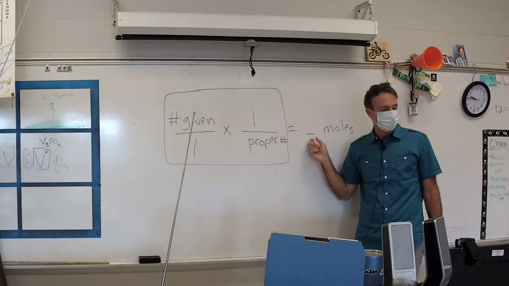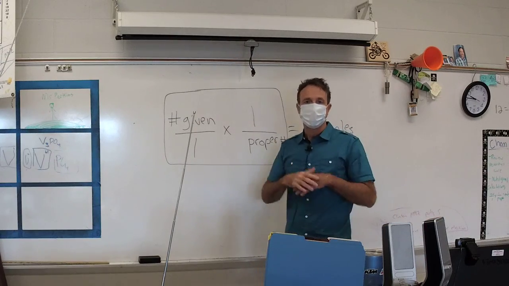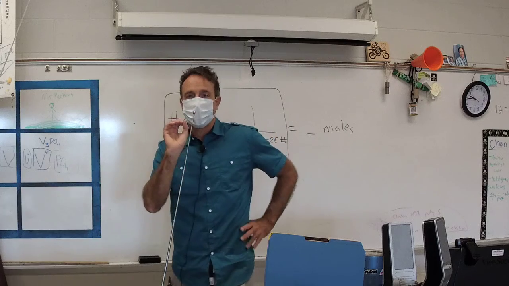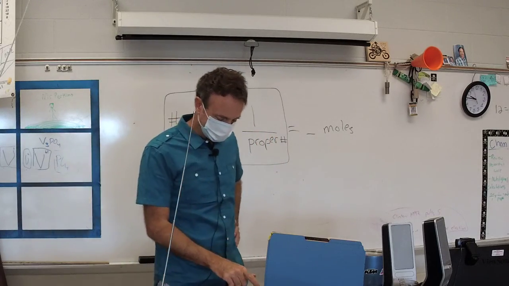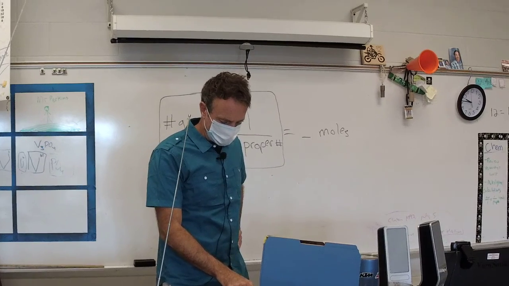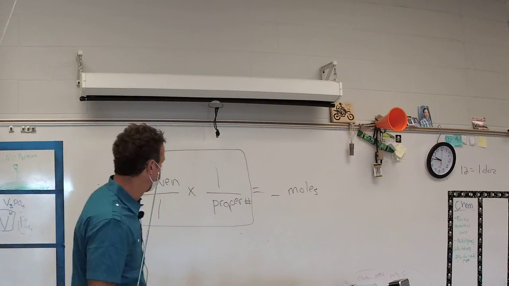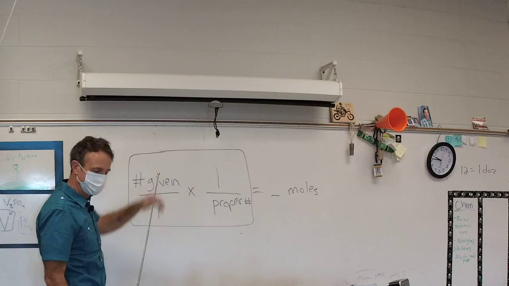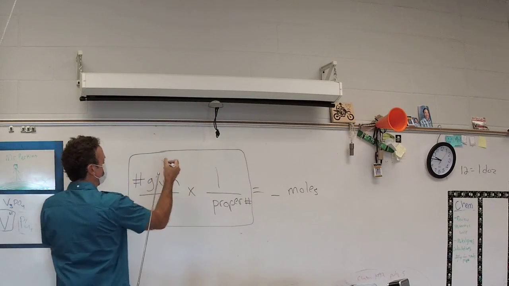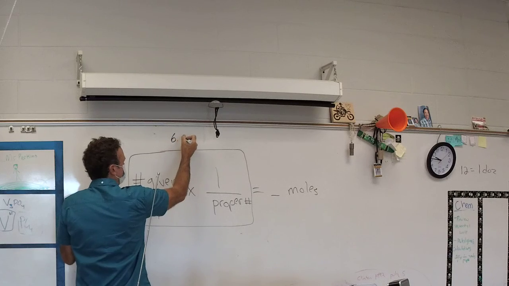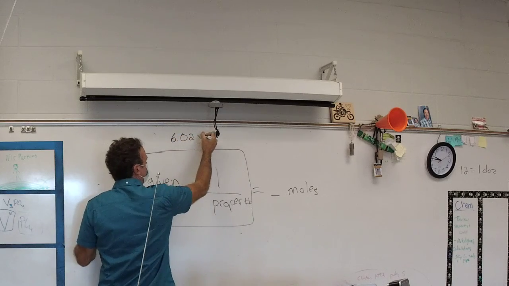All right? So now I'm going to talk to you not about grams, but about actual numbers of particles. Now, look up here at the top of the board. I'm shifting it up to right here for the kids at home. This is the number of atoms or compounds in 1 mole of a substance.